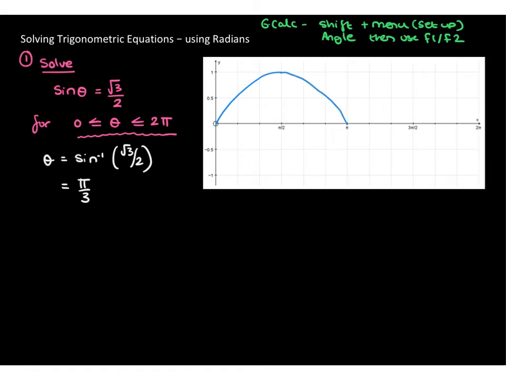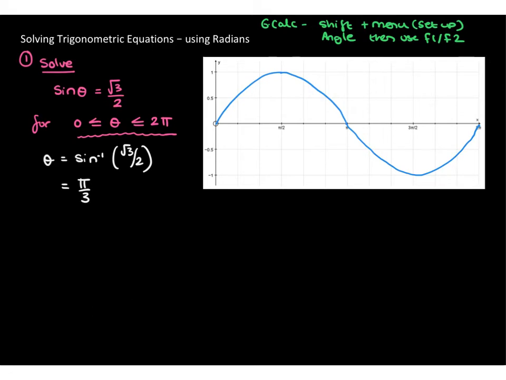It's actually a lot harder to do this with pre-prepared axes than it is just freehand on a blank piece of paper. There we go. We have a sketch of y equals sine x. Now, root 3 over 2 is some sort of positive value. It's equal to 0.866 approximately.